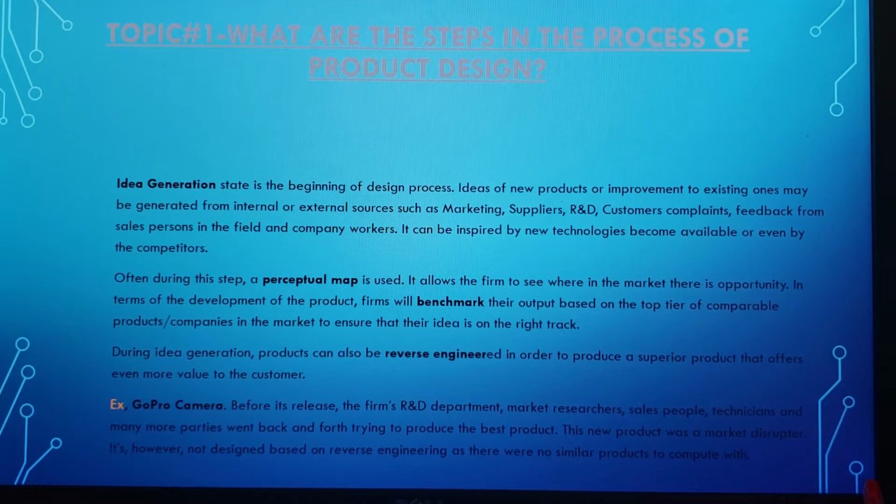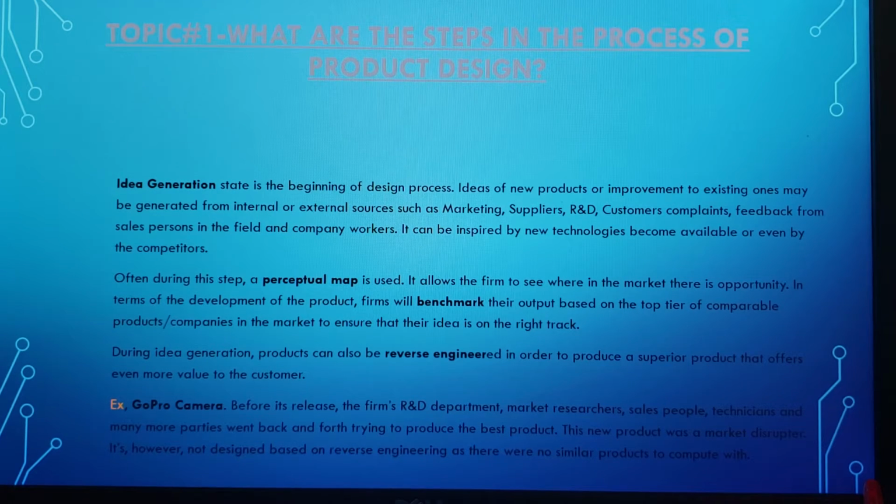In terms of the development of the product, firms will benchmark their output based on the top tier of comparable products or companies in the market to ensure that their idea is on the right track. During idea generation, products can also be reverse engineered in order to produce a superior product that offers even more value to the customer.